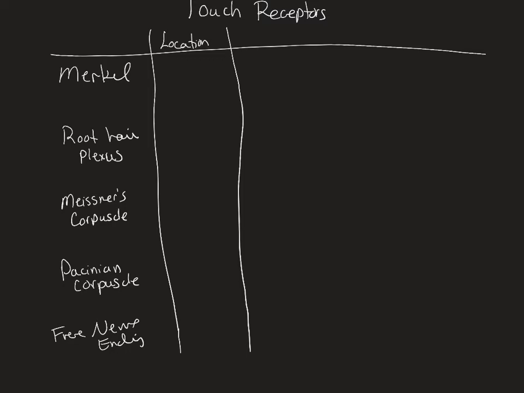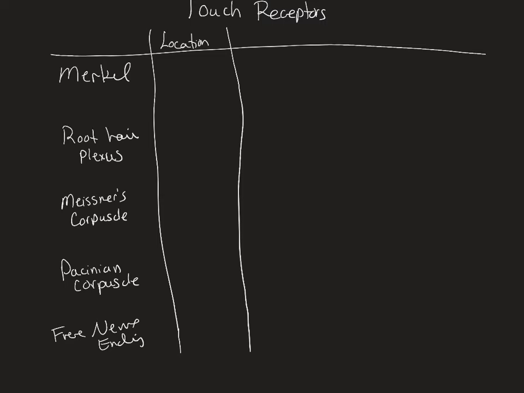If I point out something on a test or I ask what does this root hair plexus or Meissner's corpuscle do and you tell me touch receptor, that's not enough information. I want to know what kind of touch receptor it is. What does it do? What is special about it compared to the other stuff?